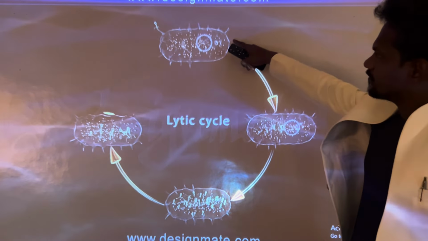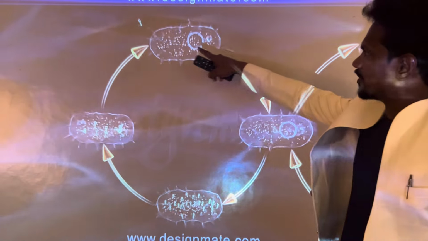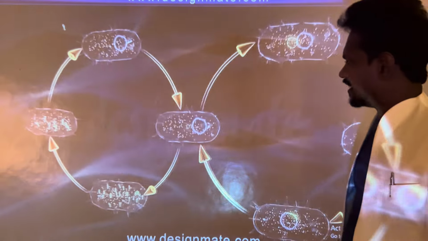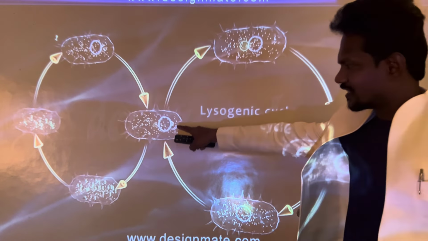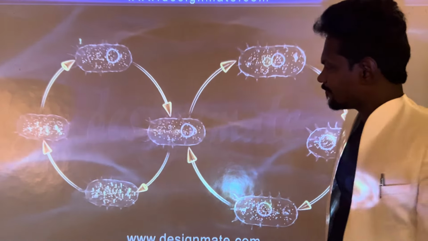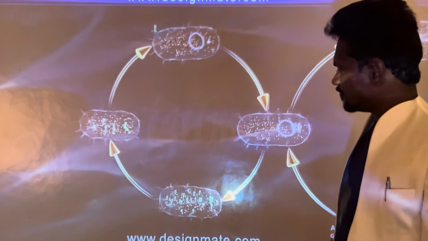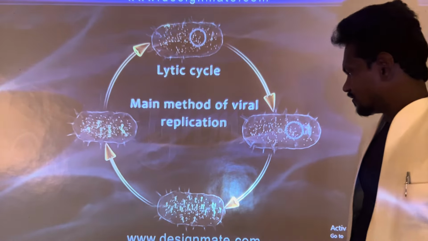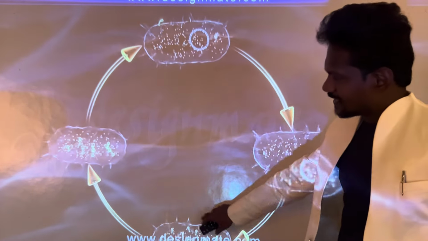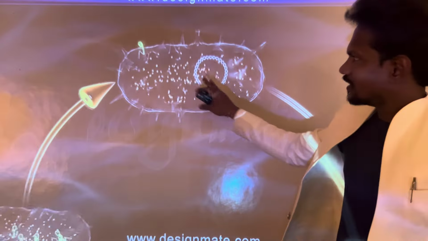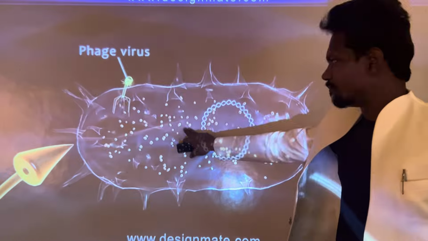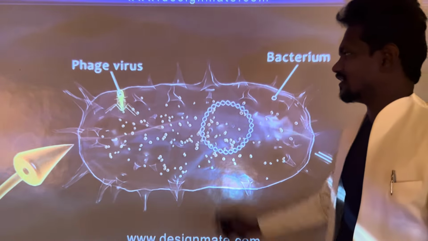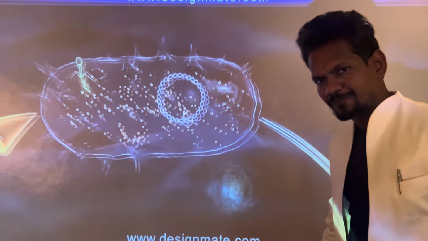First the T4 phage or bacteriophage attacks the bacteria, then transfers genetic material into the bacteria. Then the genetic material will be multiplied, the viral genetic material. This multiplied genetic material forms the different parts of the phage virus or bacteriophage virus.